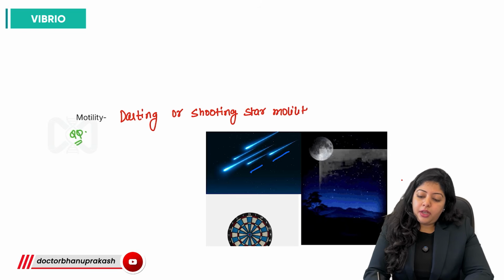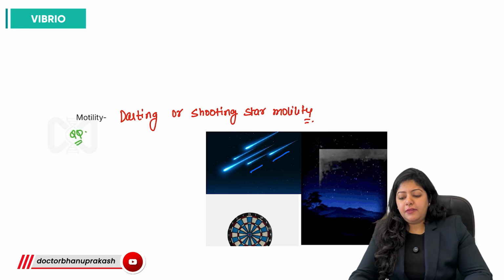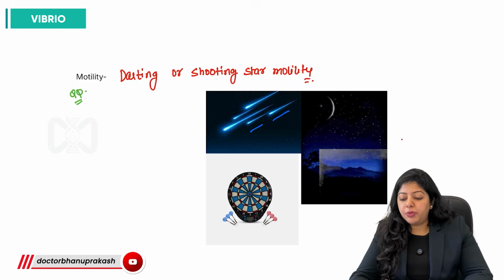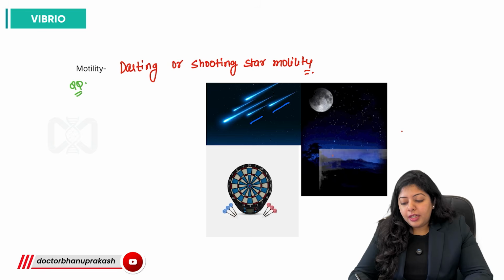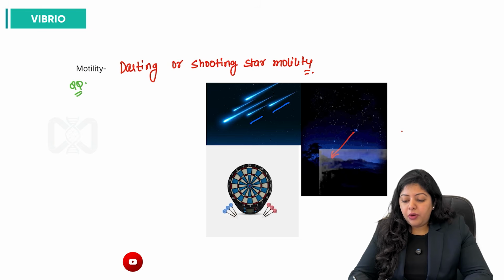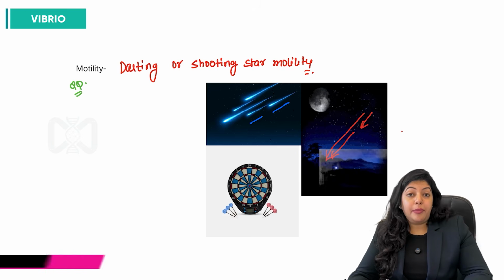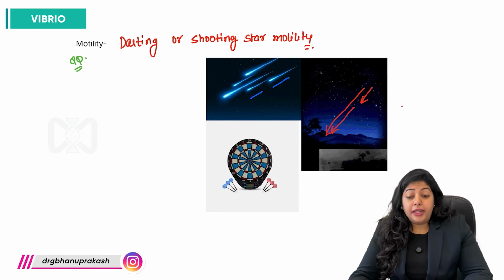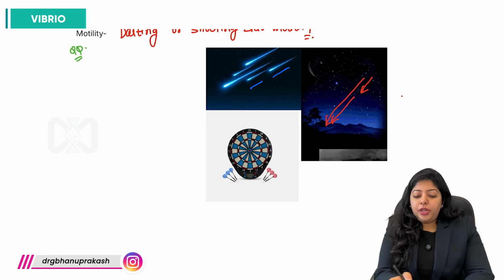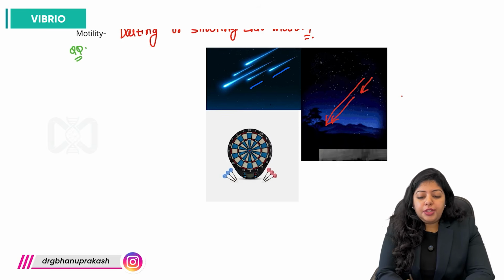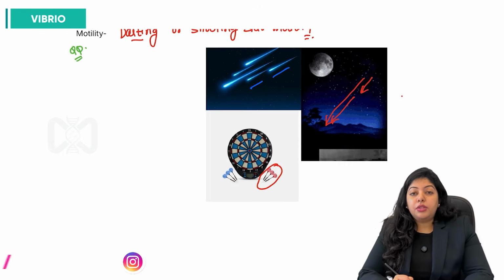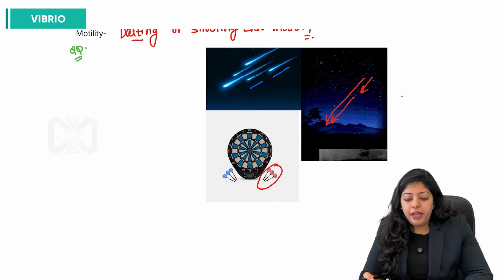Most of you might have at least once in your lifetime experienced this shooting star-like situation. See how fast in this GIF the star is moving. How rapid the movement is, so rapid that you blink and you miss. And so we call it darting motility. See how fast we throw these dart pins onto the board, right?